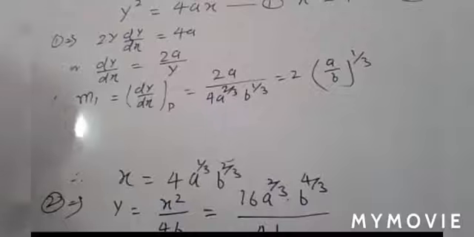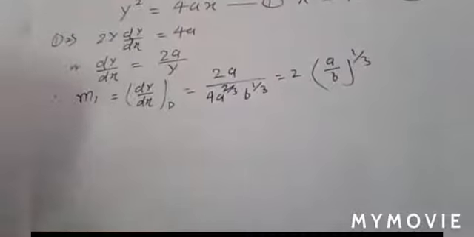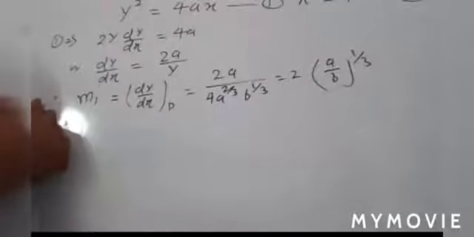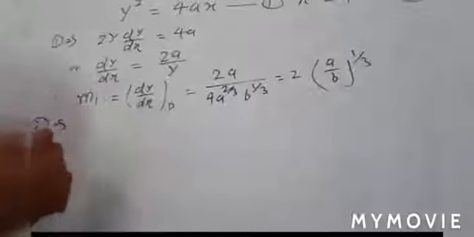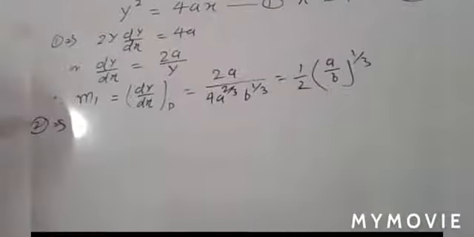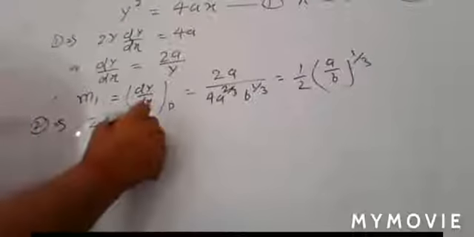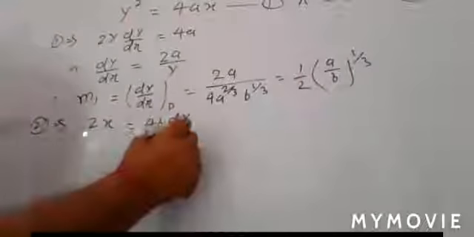In the same way, you differentiate the second equation and put its value. So 1 by 2, write 1 by 2. Taking the second equation, you have 2x is equal to 4b into dy by dx.